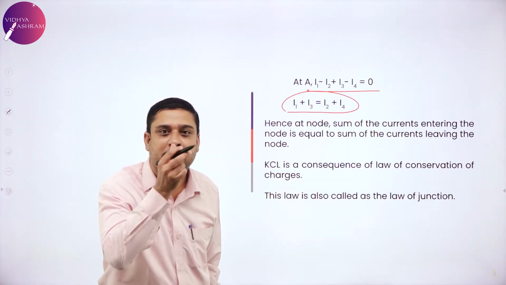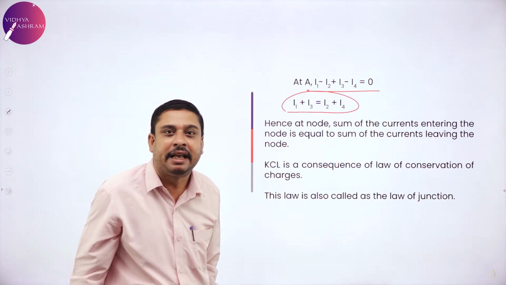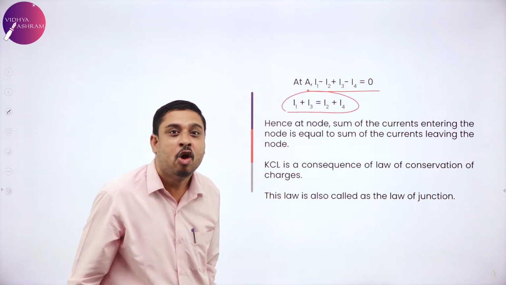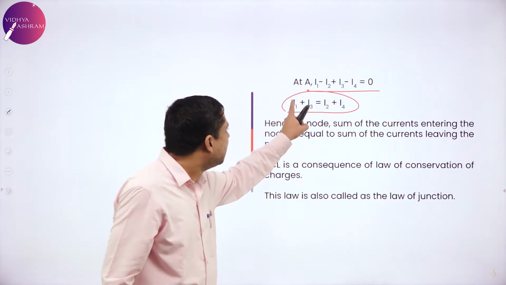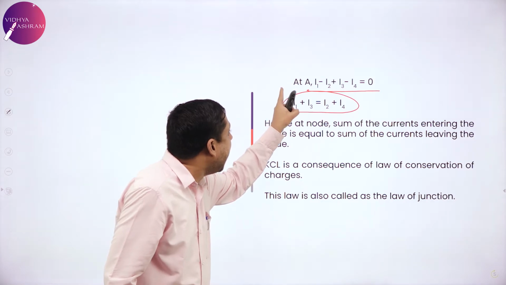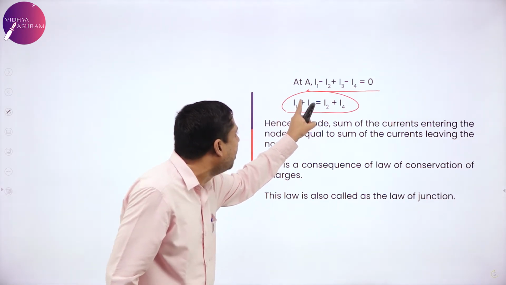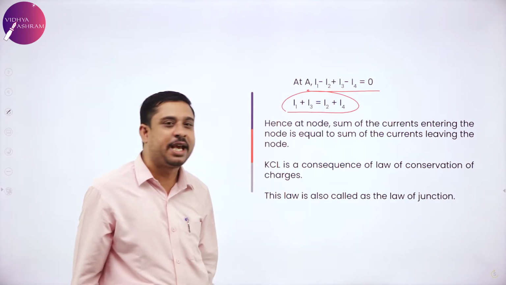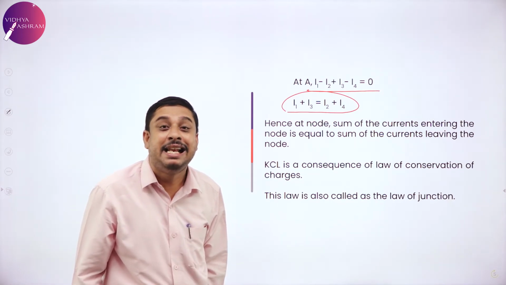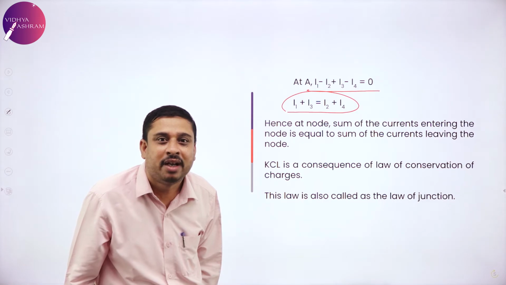Again, from that expression, I am getting the alternative statement of KCL. What is that? The sum of the currents entering the node should always be equal to the sum of the currents leaving the node.